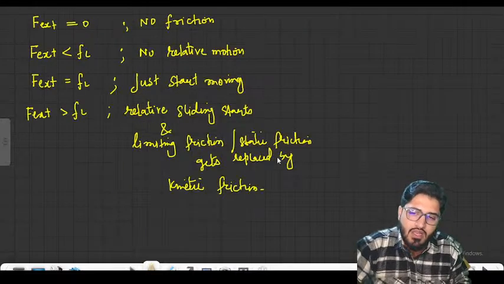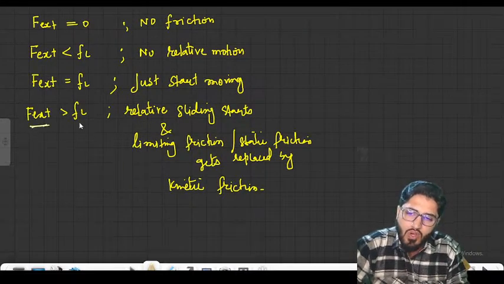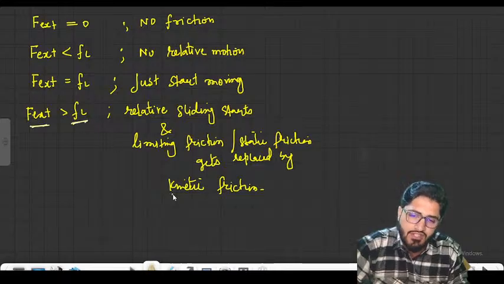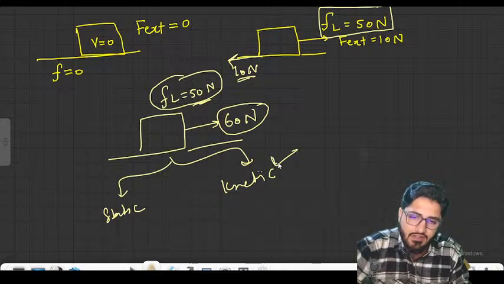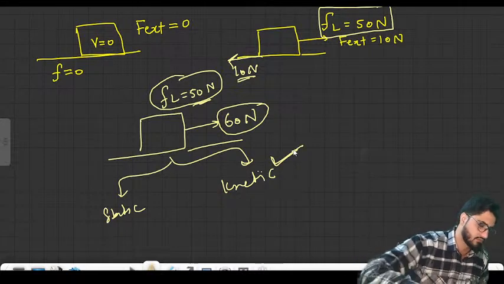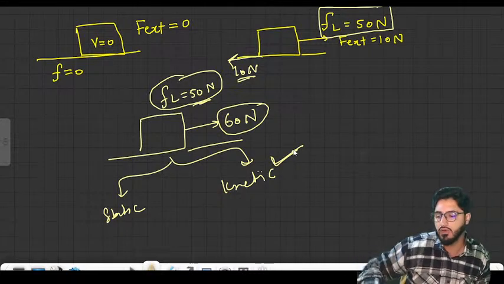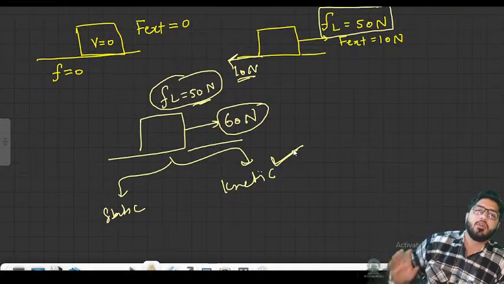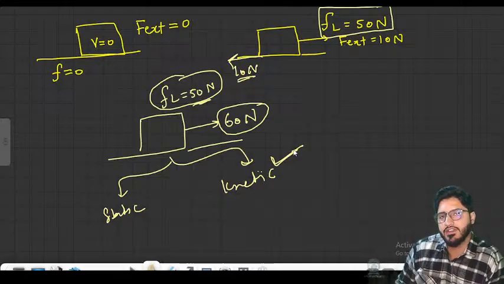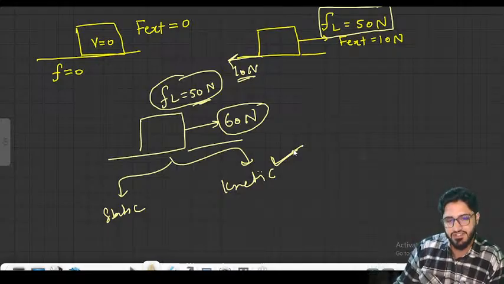So the friction is known as kinetic friction. So here I can write, sir, kinetic friction will play its role now. So now you got that point in your mind: when there will be kinetic friction and when there will be static friction.